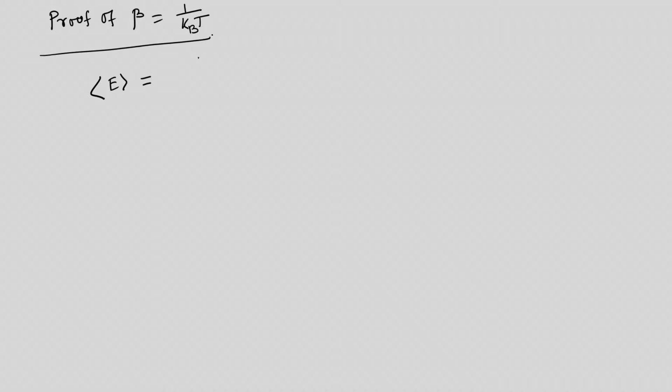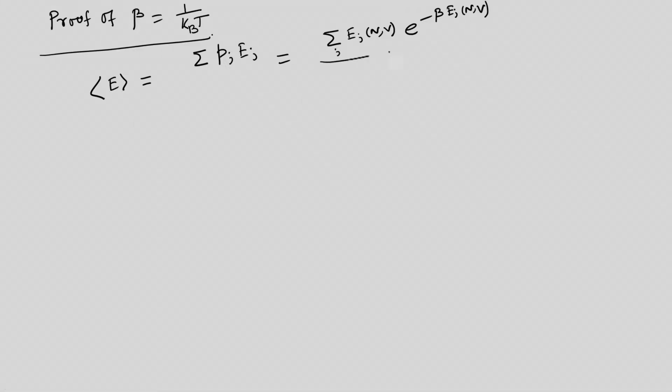Average pressure is nothing but sum over j Pj times pj, and it is nothing but sum over j of Ej, a function of n and V, e to the minus beta Ej by Q. So, Q is nothing but sum over j e to the minus beta Ej. Okay, so this is the value of average pressure.